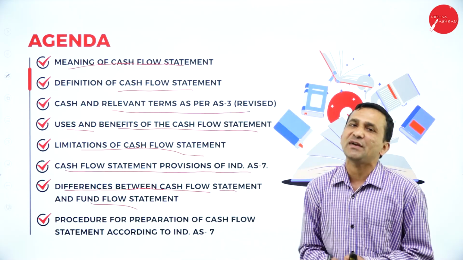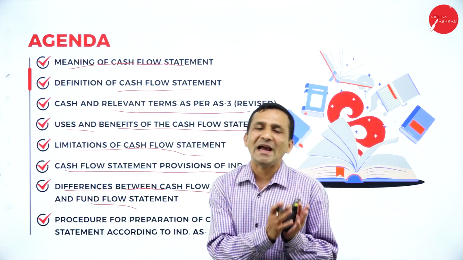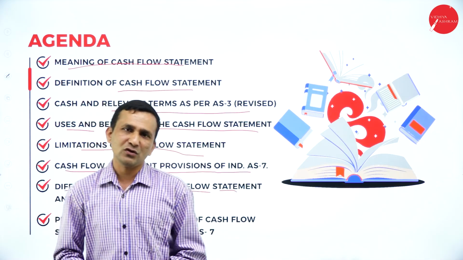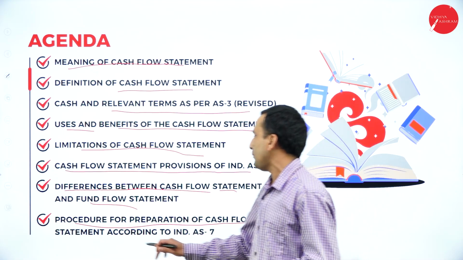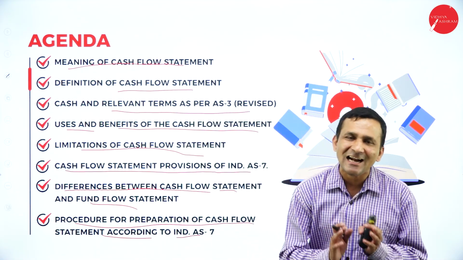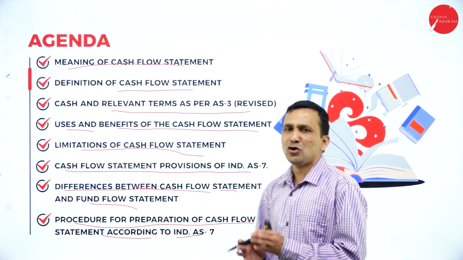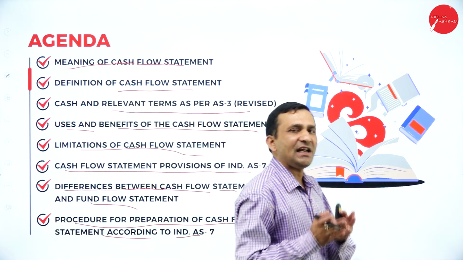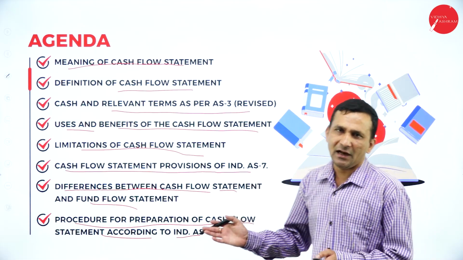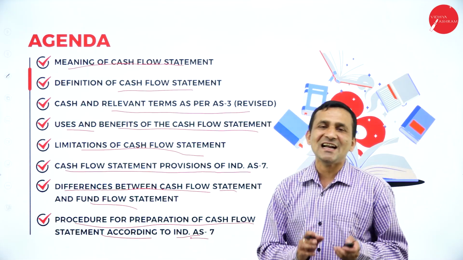What are the major differences when comparing cash flow statement and fund flow statement? Then the procedure for preparation of cash flow statement according to Indian Accounting Standard 7, because when we talk about companies in India, they maintain accounting standards, which is applicable under Accounting Standard 7.